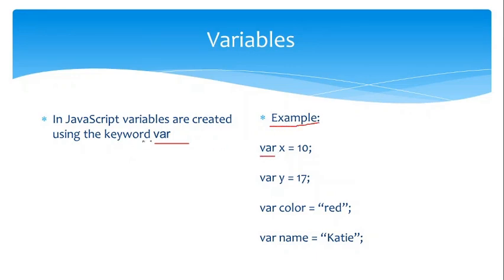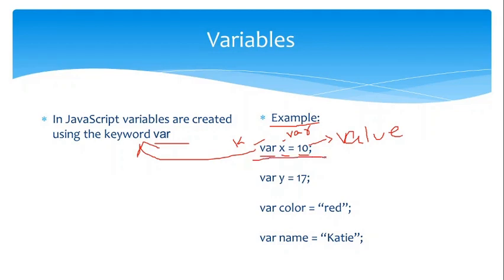Var is a keyword, x is a variable, and this is the value. So: keyword, variable name, and value, and the semicolon is the termination.